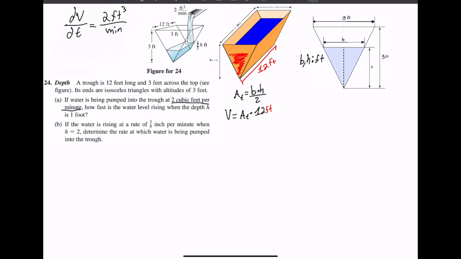Okay, so now we're ready to simplify this. That will be base times height over 2 times 12 feet. Now I'll simplify this furthermore. This is simply 6. I'm going to keep the actual number in front. So 6, and that will be base times height.